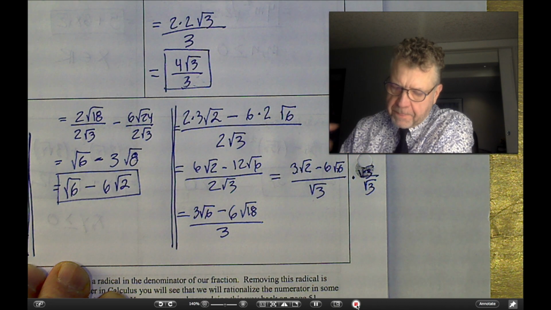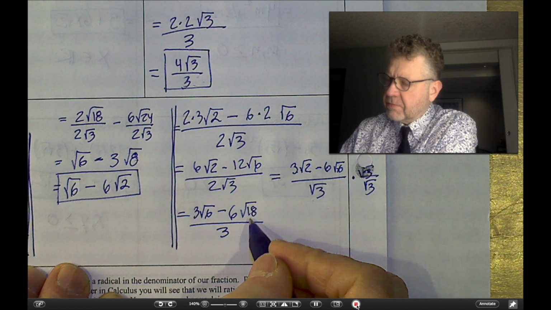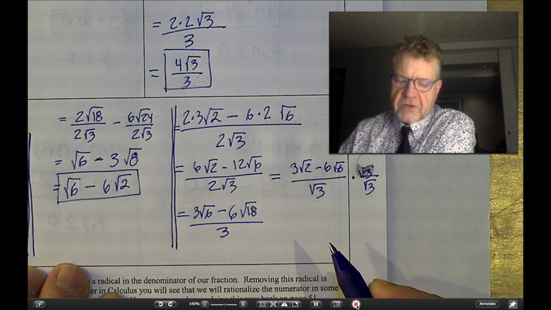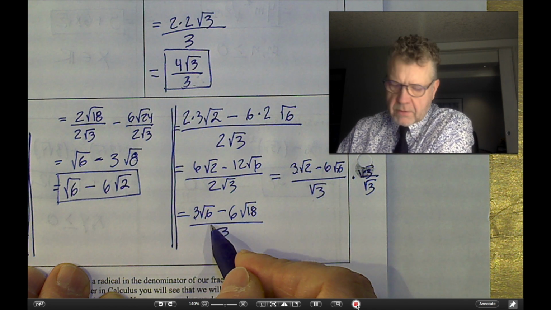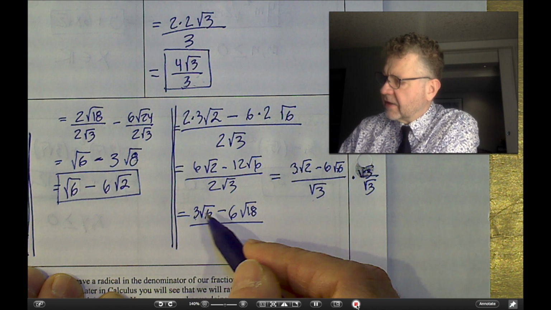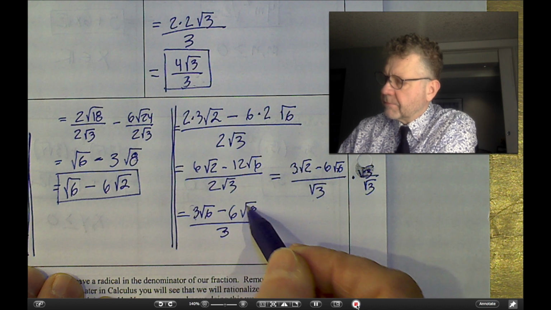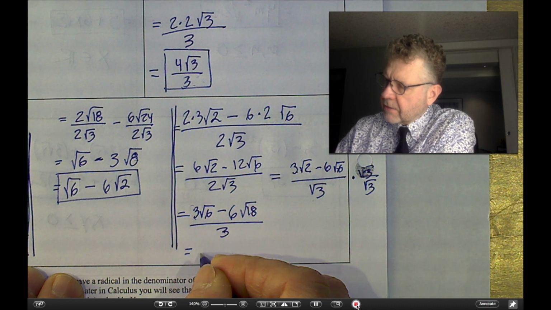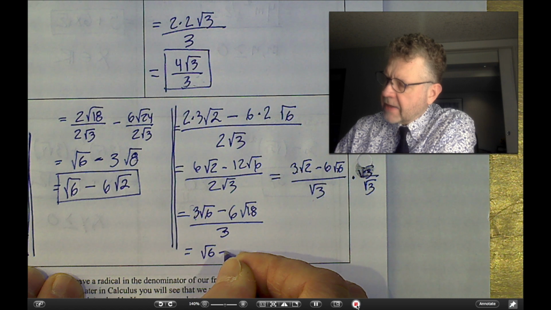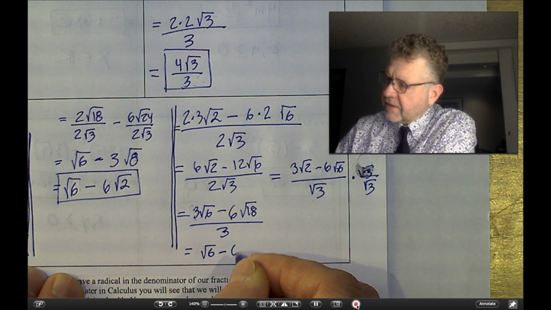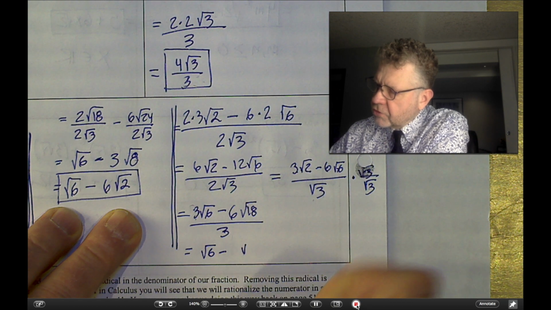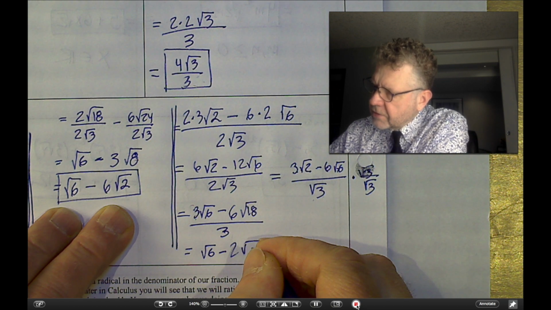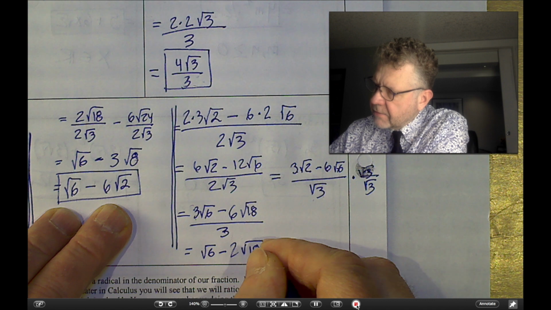Cool. And now, you see this root 18 here? We should be able to simplify it a little bit. Actually, here, let's divide out the 3's. I'm going to get root 6 minus, 6 divided by 3 will be 2, so 2 root 18.